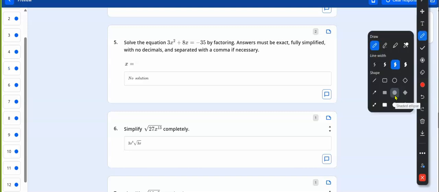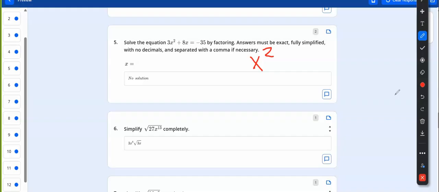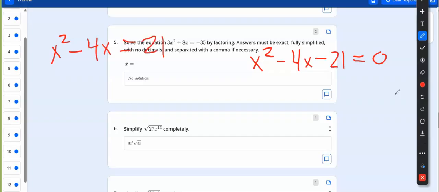Now, did you guys do ones that did factor? Yeah. So, did you do ones like this, x squared minus 4x minus 21 equals 0? Or maybe it started out like this, x squared minus 4x equals 21.